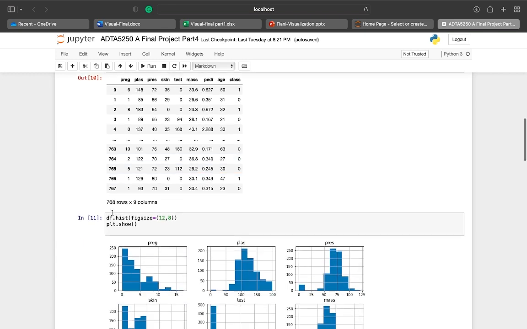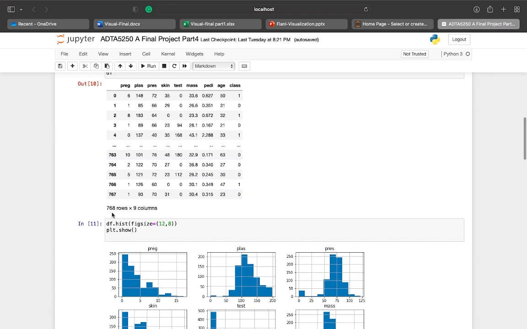So they have 768 rows and 9 columns here.